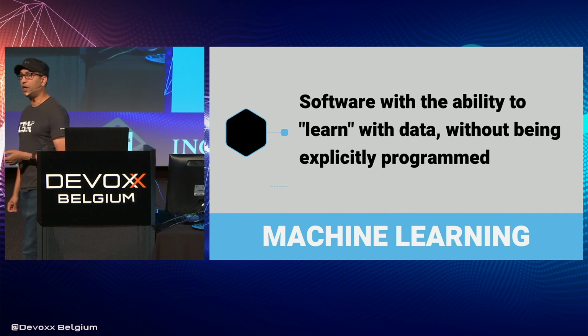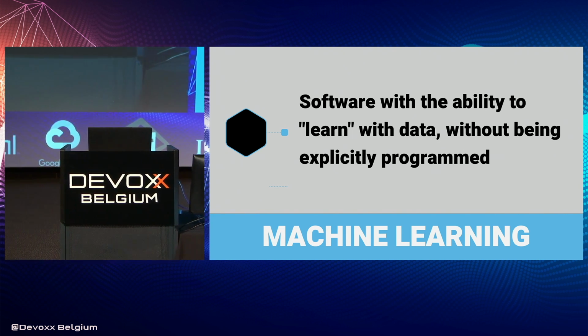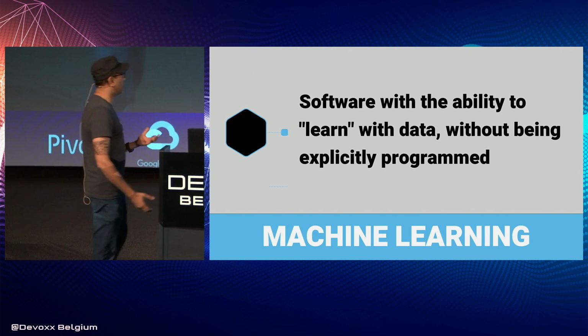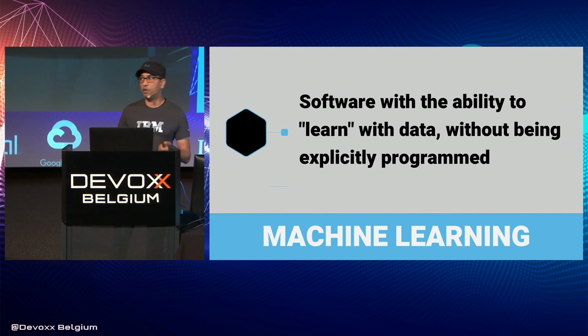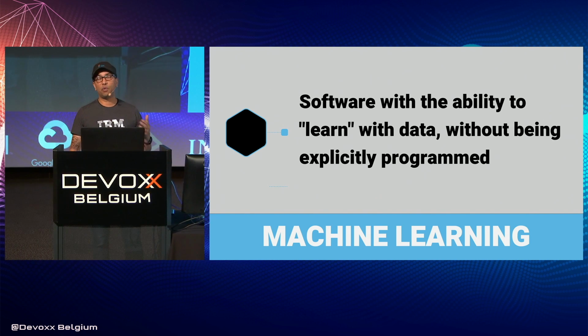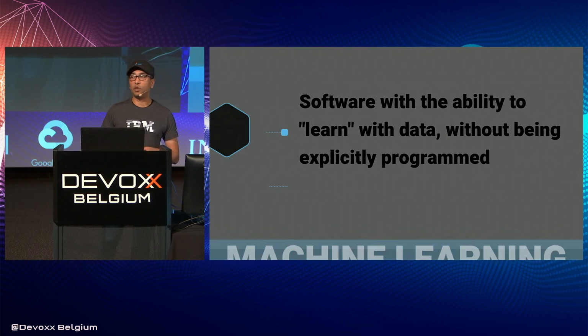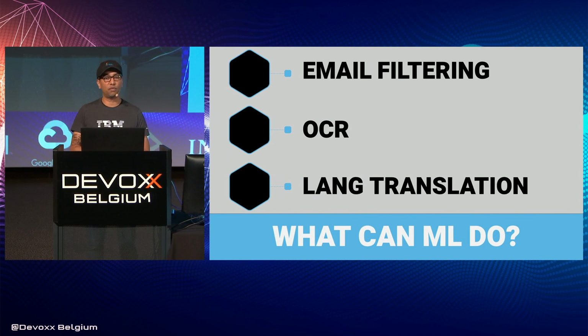So what we do today as developers is we go and we build applications, and we basically use our brain to figure out what all the algorithms are supposed to be for whatever business problem we're trying to solve. The key difference between how we build stuff today as developers and machine learning is that we program the computer to learn on its own and to be able to solve those same problems without our intervention.